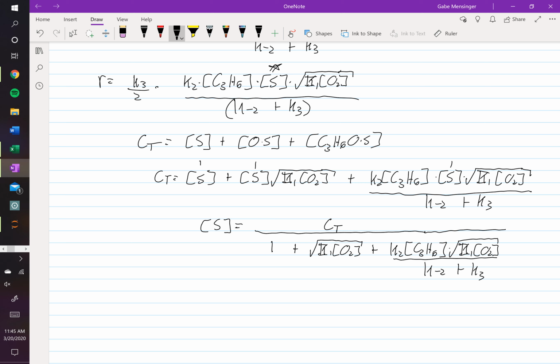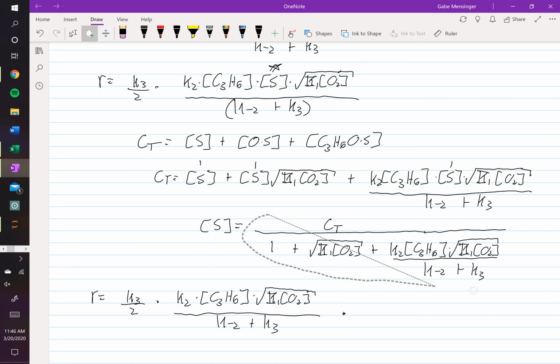Now we'll take this big long expression and plug it back into the expression we had before. So we have R equal to K3 over 2 times K2 times O2 over K minus 2 plus K3 times our concentration of S, which was this expression.